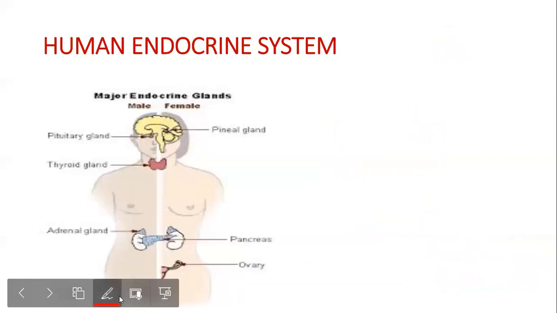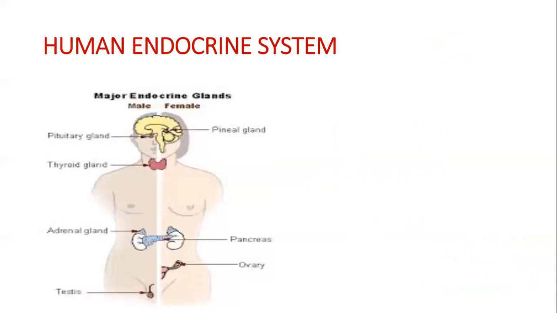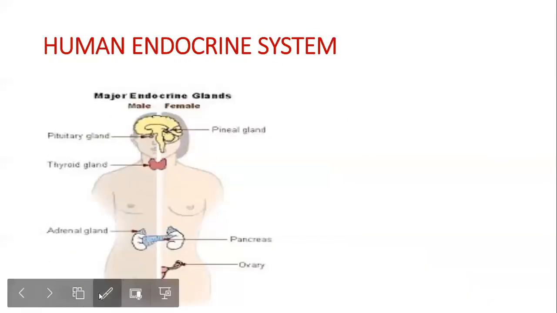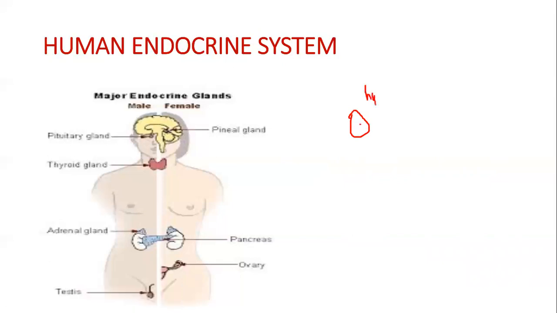Let's go through it again. The hypothalamus is located at the basal part of the diencephalon, and it contains neurosecretory cells called nuclei, which give hormones that regulate the pituitary. They are of two types: releasing hormone and inhibiting hormone.